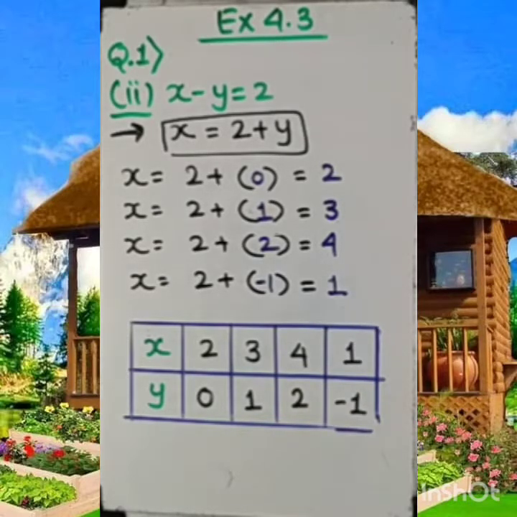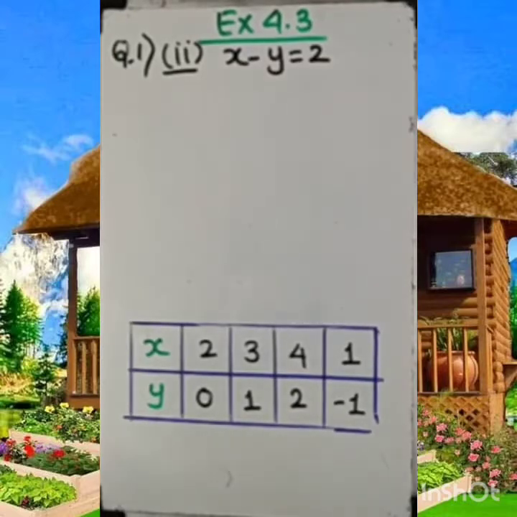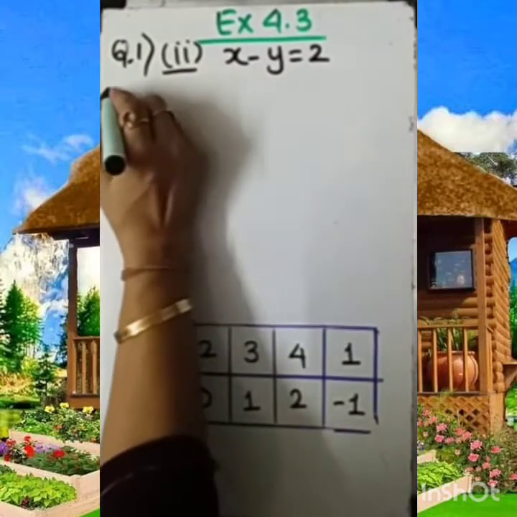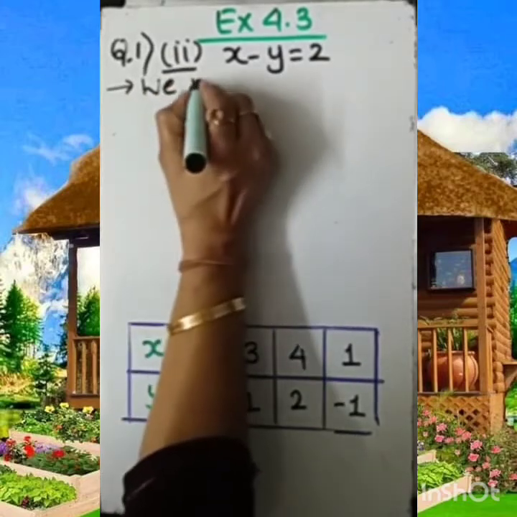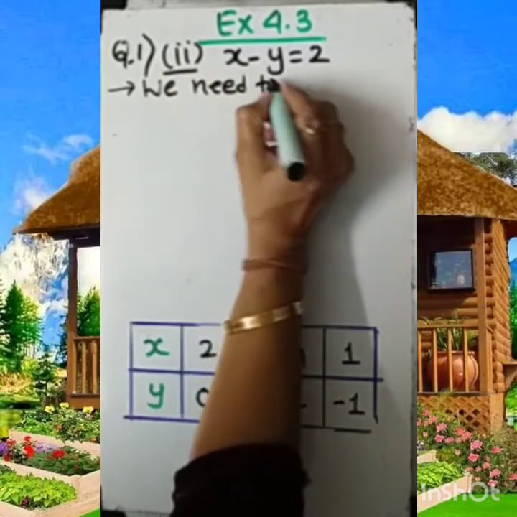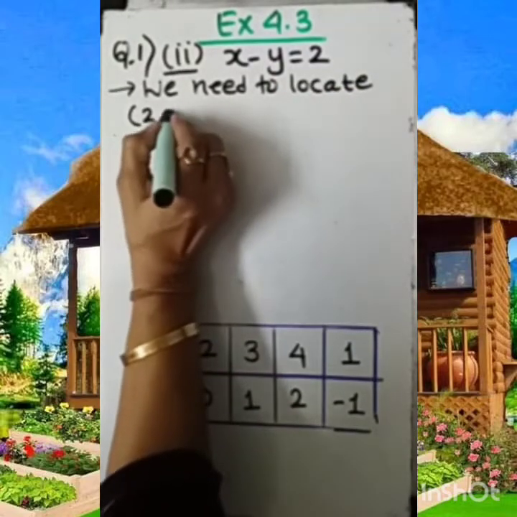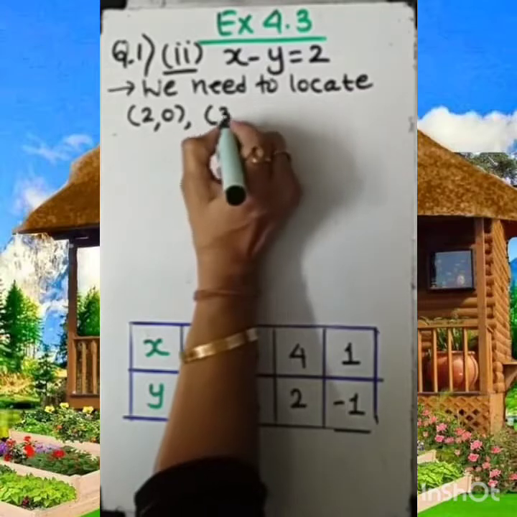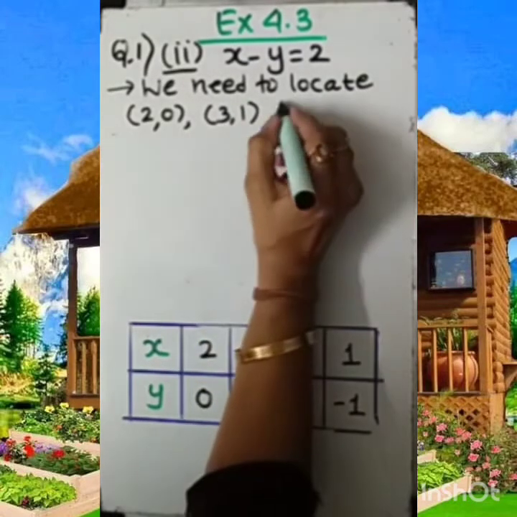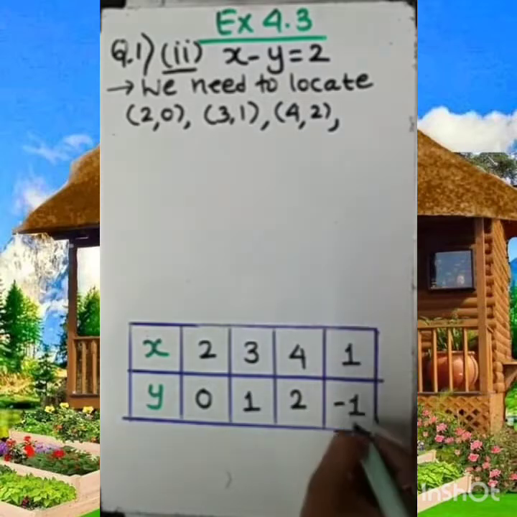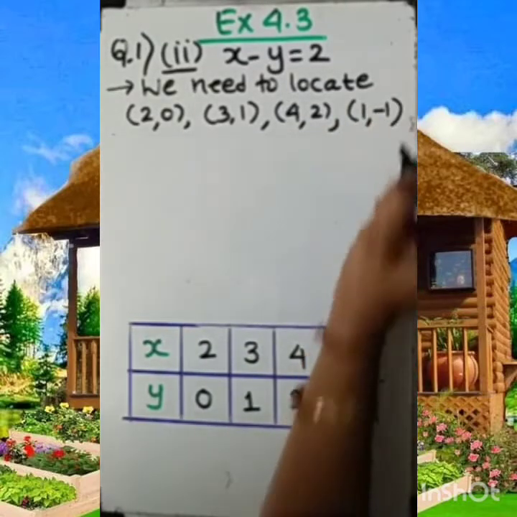Clear to you? So dear student, in the next step we need to mention which points we need to locate on a graph paper. So let's see. We need to locate 2 comma 0, 3 comma 1, 4 comma 2 and 1 comma -1 on a graph paper.